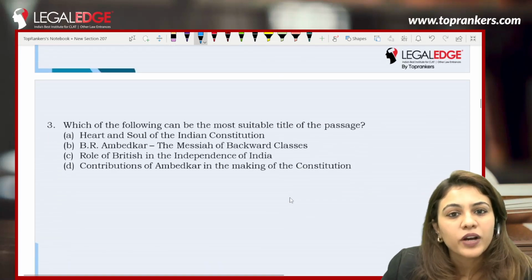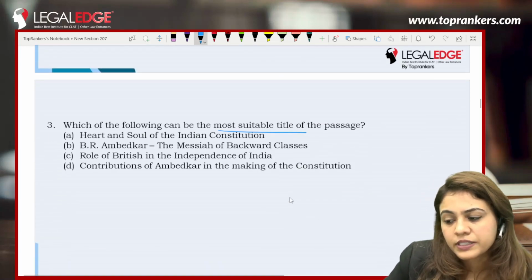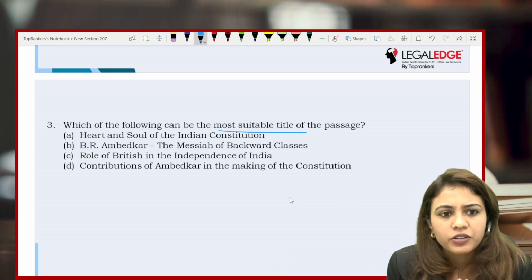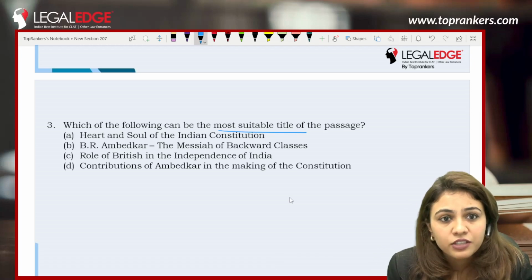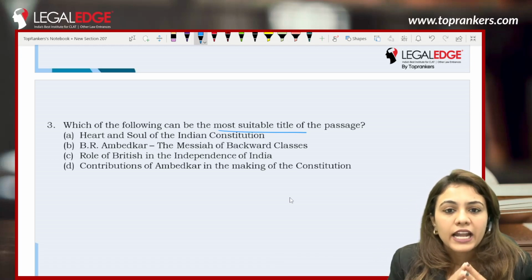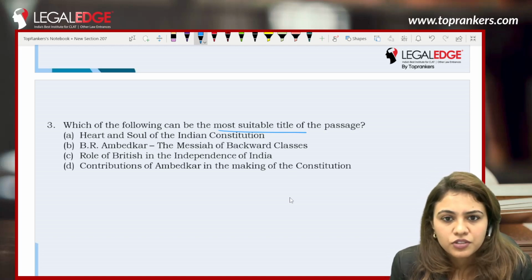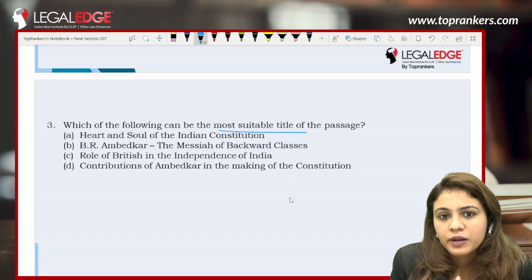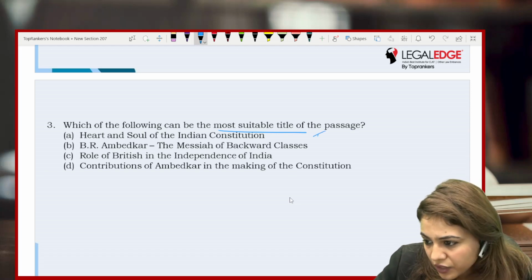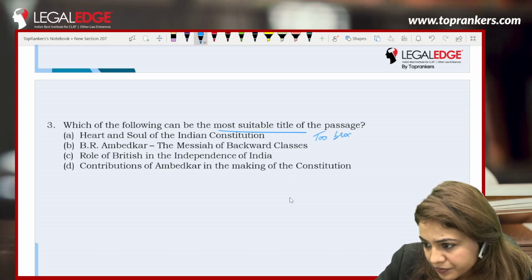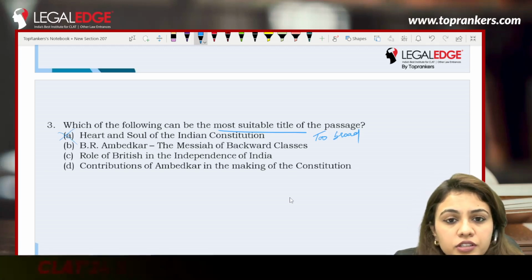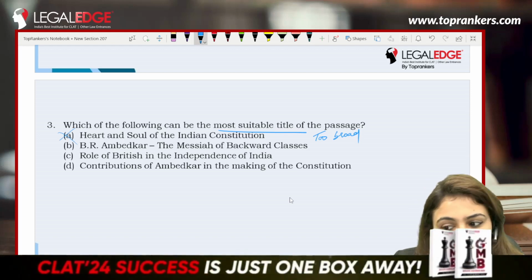Taking you to the third one, which is asking us the most suitable title of the passage. So as you can clearly see, we did talk about Indian constitution, but we did talk about the important role that B.R. Ambedkar played in actually framing that constitution. So we can't really eliminate B.R. Ambedkar out of our answer, right? So the first one is first of all too broad and it does not really mention the importance of B.R. Ambedkar anywhere.